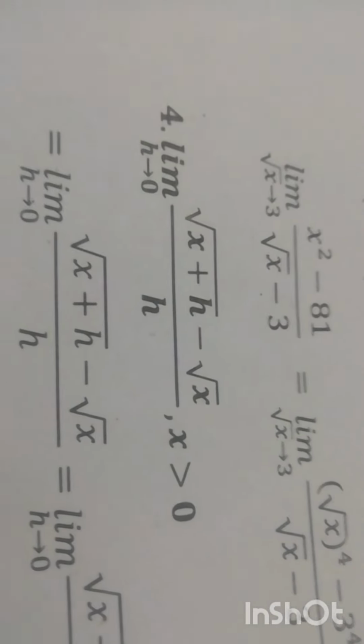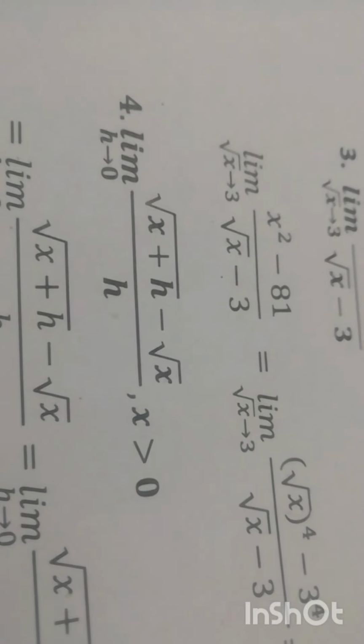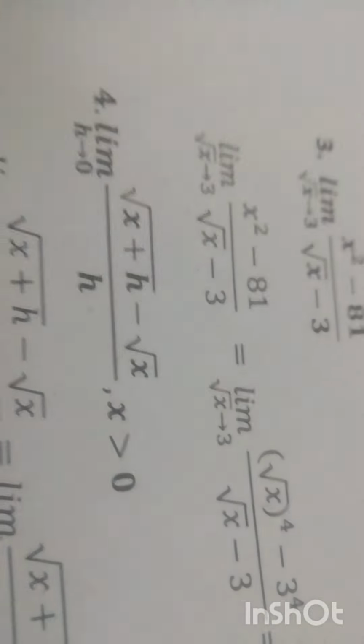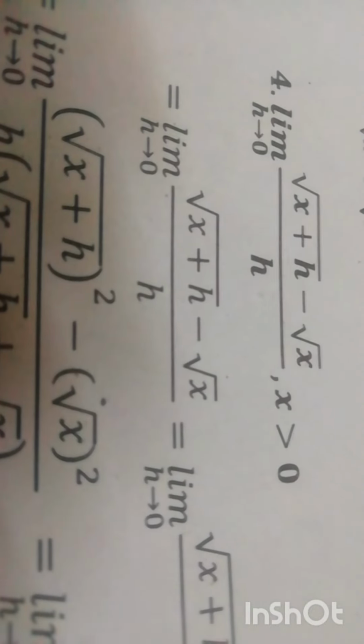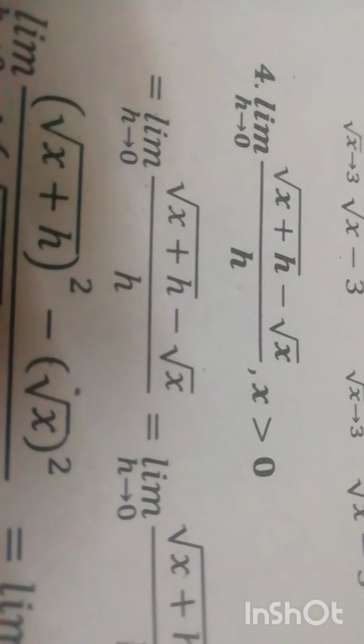The next sum. Limit h tends to 0 of root of x plus h minus root x divided by h. If you put h equal to 0, we get root x minus root x divided by 0. So root x minus root x is also 0, so we get the 0 by 0 form.